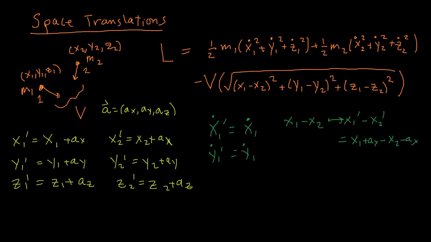And as you can see, our a sub x's cancel out, and this is just equal to x1 minus x2. So the distance between our 2 points doesn't change, and so this whole second part of the Lagrangian doesn't change either.